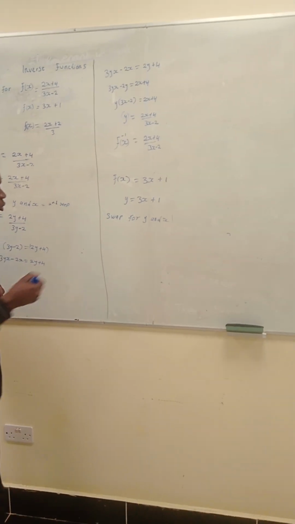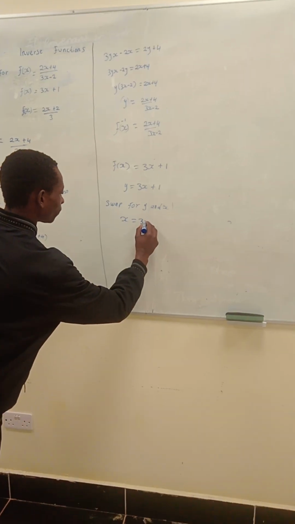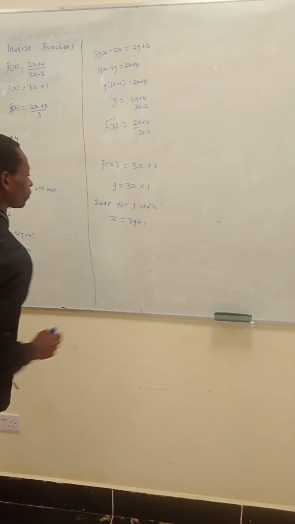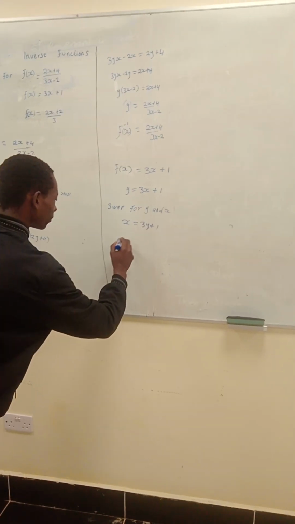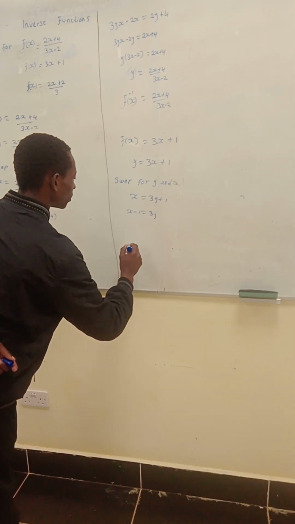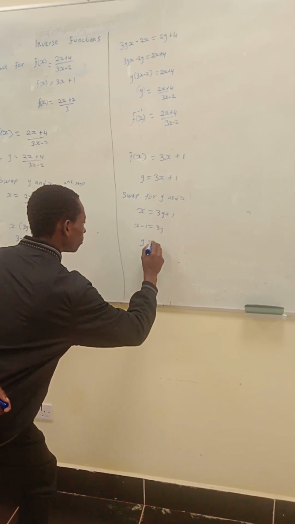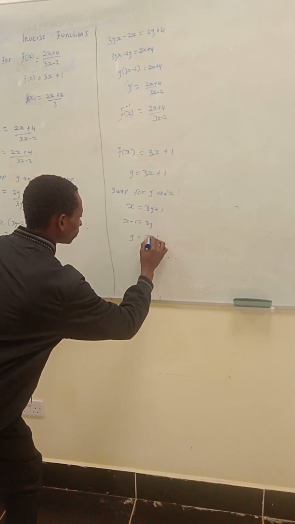So in this equation, it will be x is equal to 3 into y plus 1. So y must be the subject of the formula, where we'll have x minus 1 is equal to 3y. So it means y will be x minus 1 over 3.